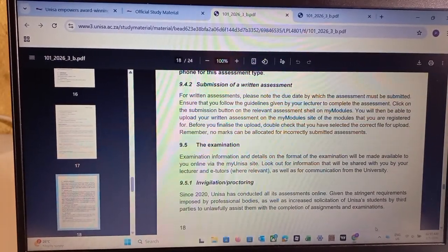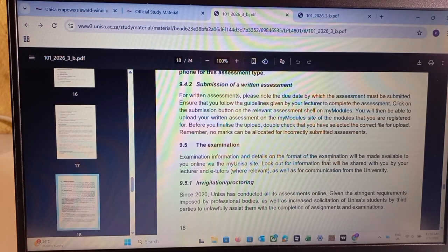Submission about the examination. The examination information and details on the format of the examination will be made available to you online via the myUnisa site. Look out for the information that will be shared with you by your lecturer and e-tutors, as well as for communication from the university.